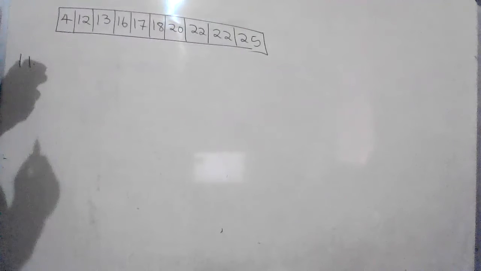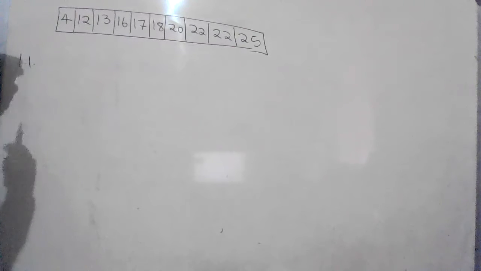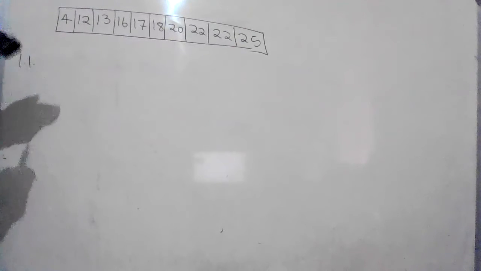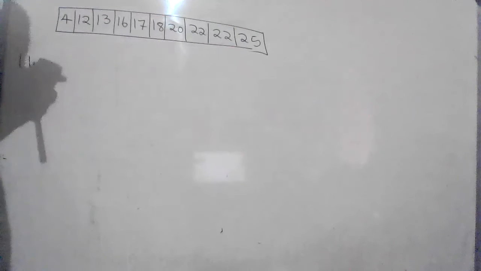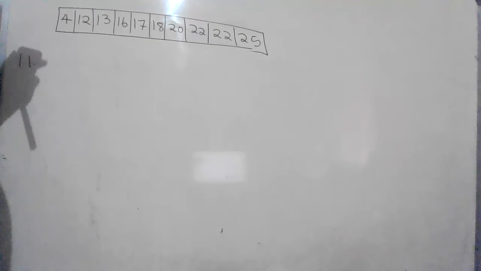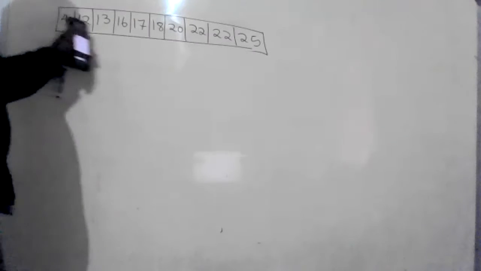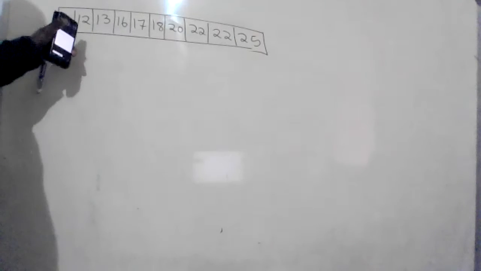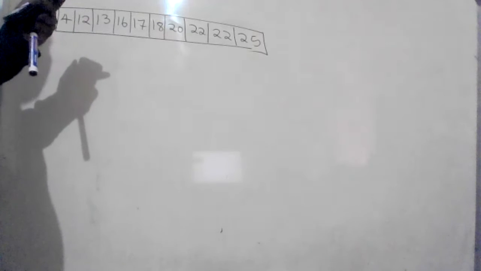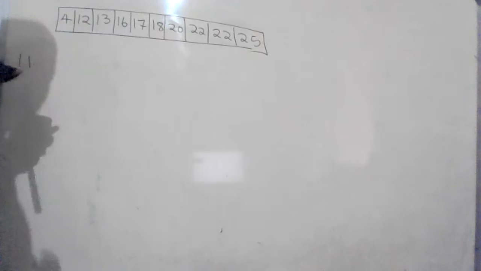requires us to find out how long in minutes did it take for the fastest runner or fastest member of this team to complete the race. We want to know the person who took less time in completing the running in this case.